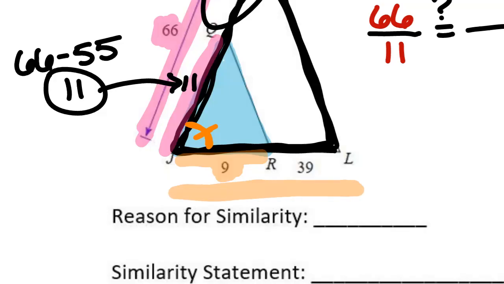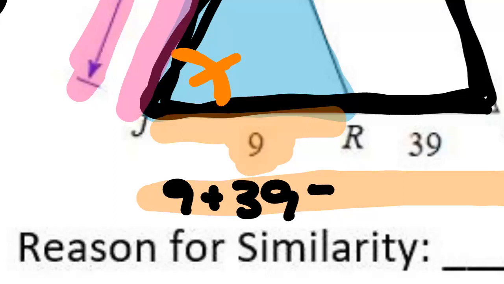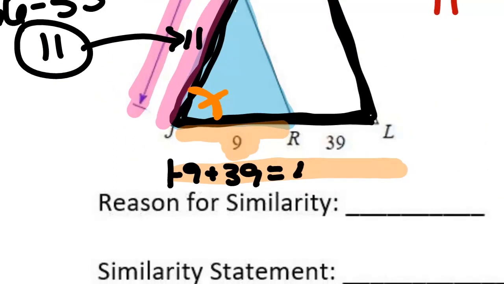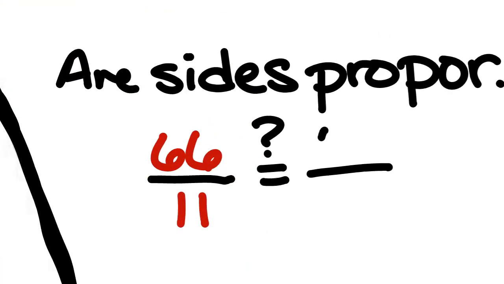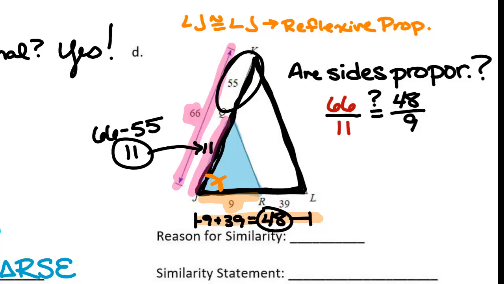No, but what can I do? Yes, I can add 9 and 39 together. And that'll give me what? 48. So 48 and 9 need to make a fraction together. 48 over 9. And now we're going to check to see if these are proportional.